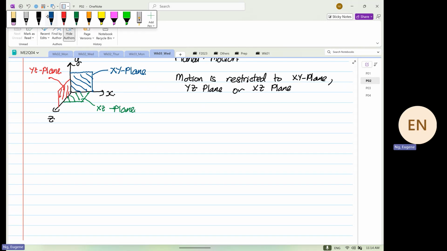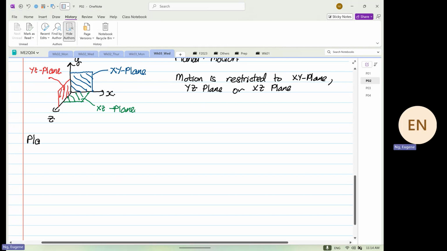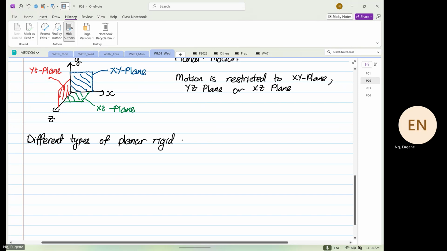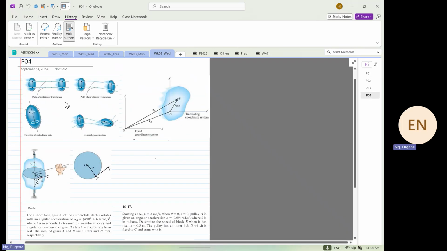Next we are going to focus on different types of planar rigid body motion. You will have this on Avenue to Learn.